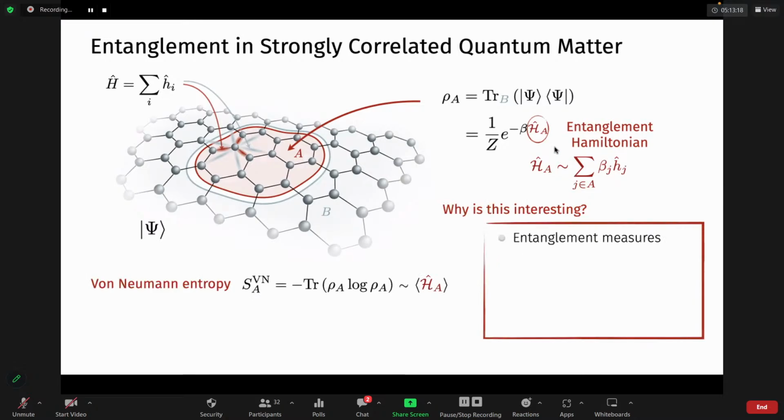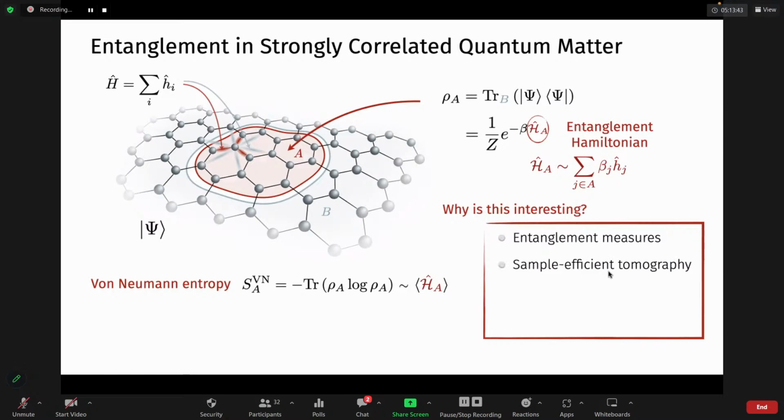First of all, if you knew this entanglement Hamiltonian, you would have access to a lot of entanglement measures, for instance, the von Neumann entropy. This entanglement Hamiltonian basically turns out to be the logarithm of the reduced density matrix, and the von Neumann entropy is the expectation value of the logarithm. So it's basically, up to an additive constant, the expectation value of this entanglement Hamiltonian.